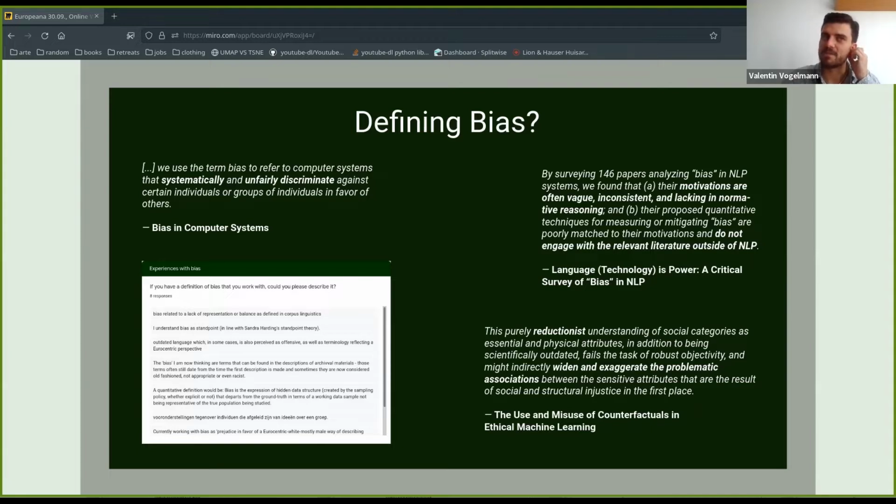Most of these papers focus on one of two things: either trying to find biases in machine learning models, in AI models, and then trying to debias them, or using modeling techniques to find biases, and by that they usually mean some kind of statistical imbalance, some kind of skewed association.